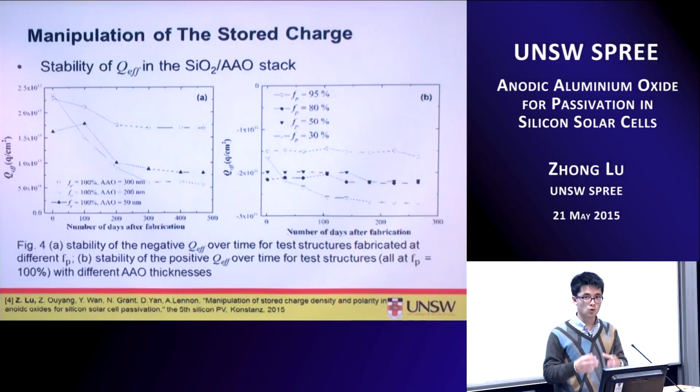When I store my samples in the atmosphere, the AO film absorbs or incorporates oxygen, which reduces the oxygen deficiency and reduces the positive stored charge. But for the negative stored charge shown here, the oxygen deficiency is not dominating, so you see a much more stable behavior.